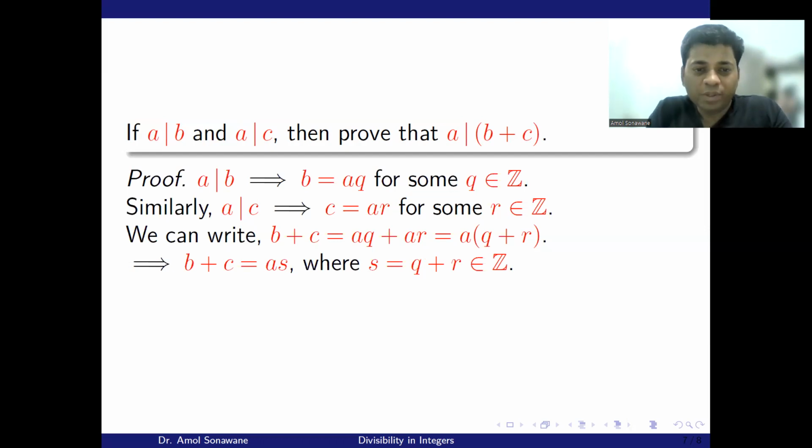So b plus c is equal to a times s, where s is q plus r. Since q and r are integers, their addition q plus r is an integer, means s is an integer. And so by definition of divisibility, a divides b plus c.